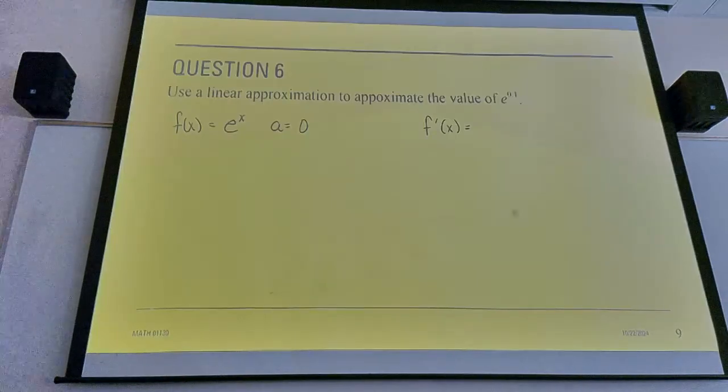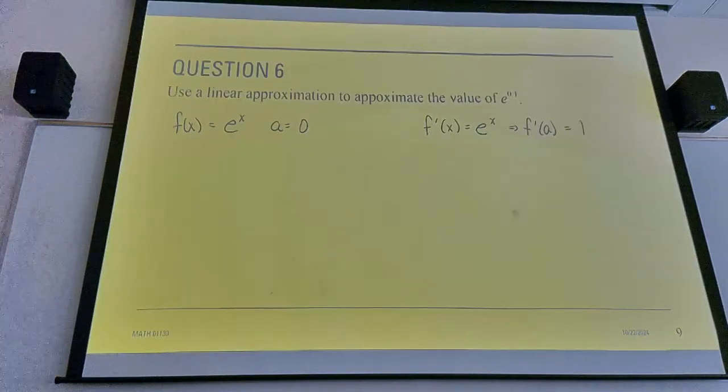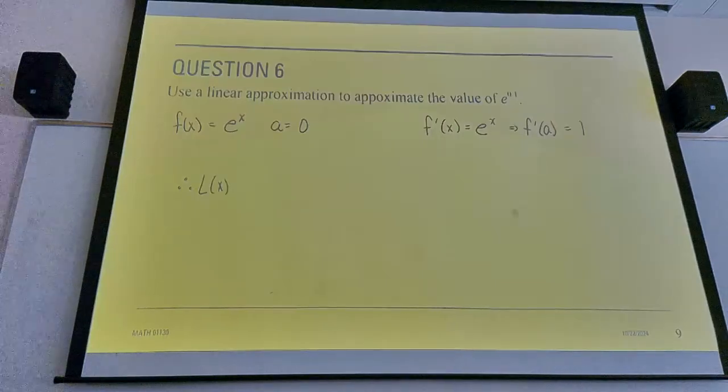E to the x, evaluated at 0. F of a, 1 plus x minus 0. We wind up with just 1 plus x.